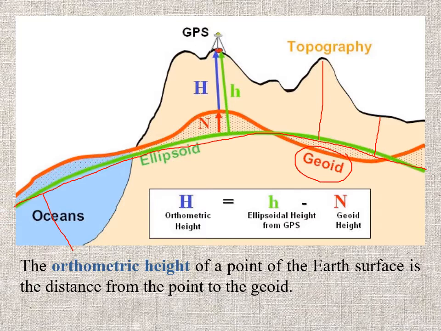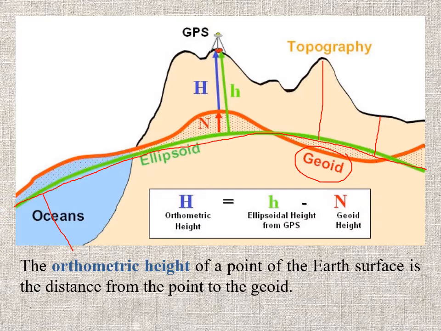Again, I am telling you that the ellipsoidal surface and the geoid surface both are imaginary surfaces that are used for mathematical purposes. There is no natural existence of the ellipsoidal surface or geoid surface. But you can see that the geoid surface is closer to the ellipsoidal surface in contrast to the original surface feature.